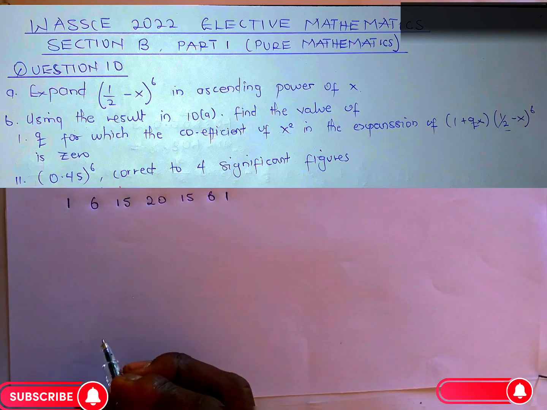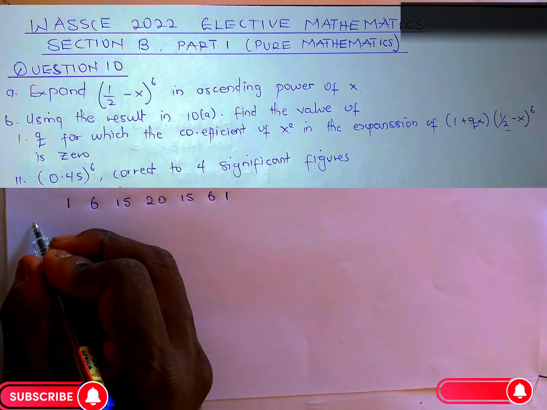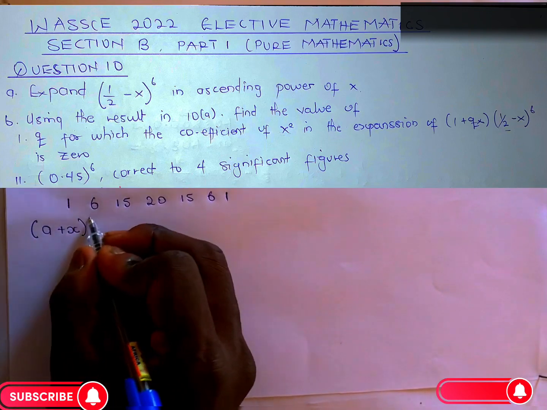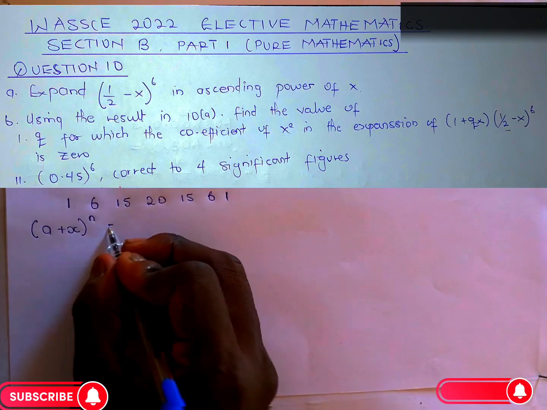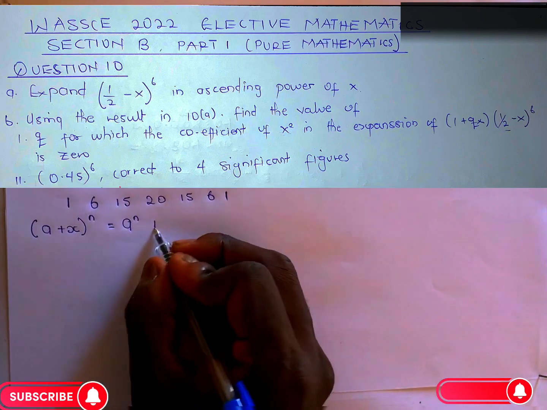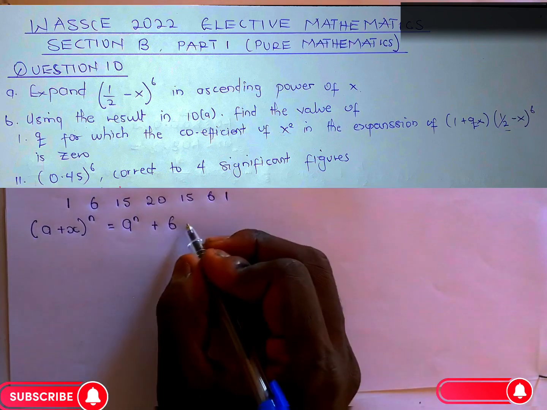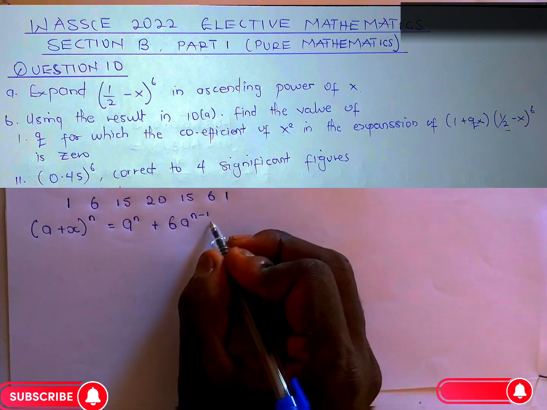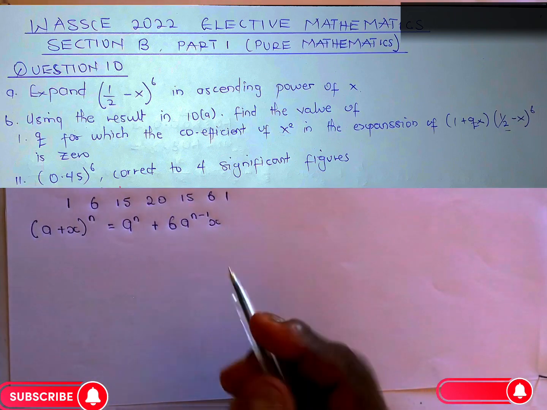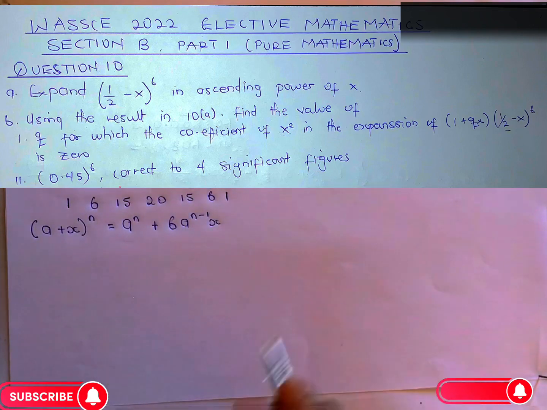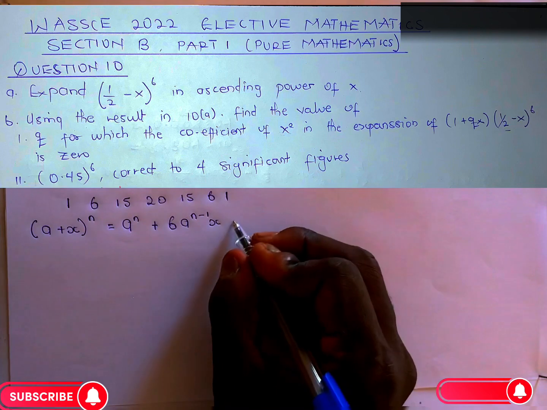If I compare the question given to (a plus x) exponent n, and expand this, I'm going to get a exponent n plus 6 a exponent n minus 1 x. So the exponent reduces as the one for the x increases.